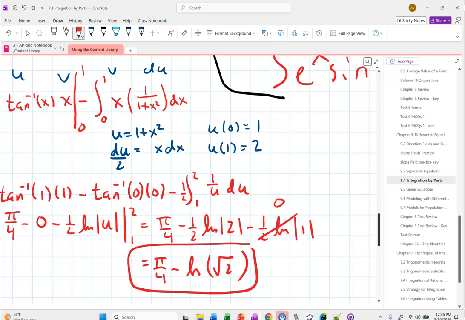A calculator can't give me that, but it should give me an approximation, real close. What do you guys think on this? It's not so bad as long as everything works out fairly directly. But that's the idea. So the big takeaway is you just have to have that integration by parts formula. If you have that, it usually goes pretty smoothly.